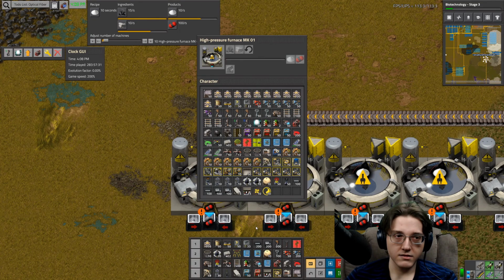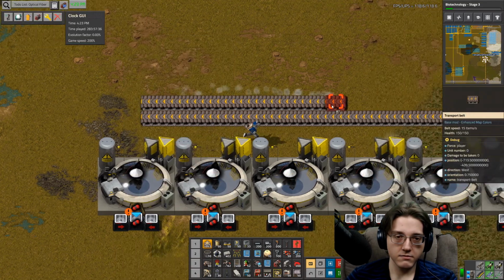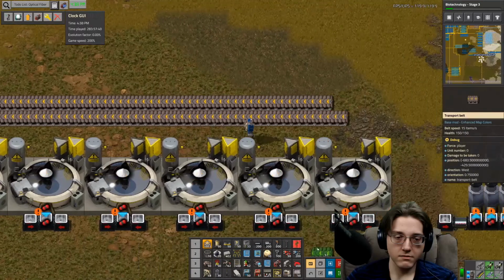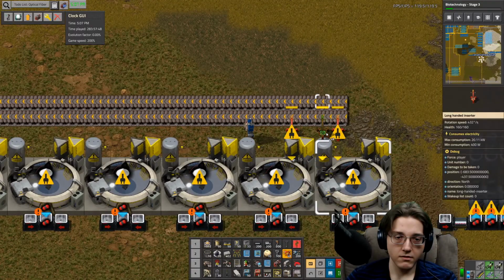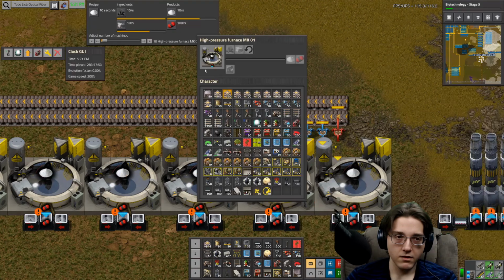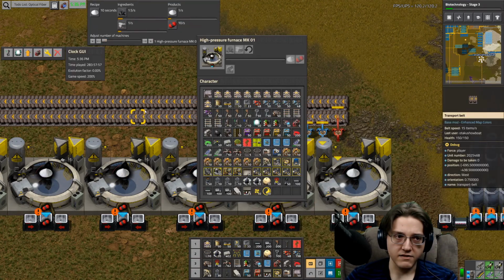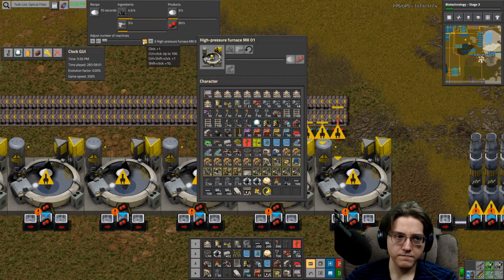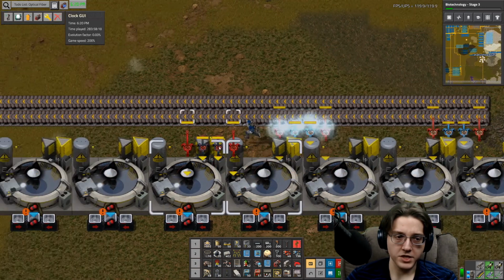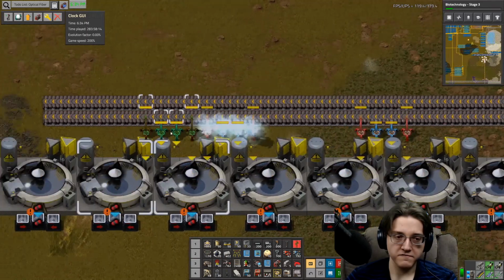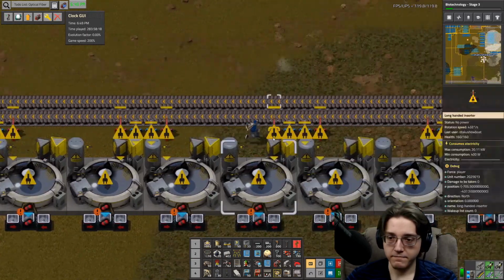Right, 2 belts. Is it fast enough? Yes. Always question, are the inserters going to be fast enough?